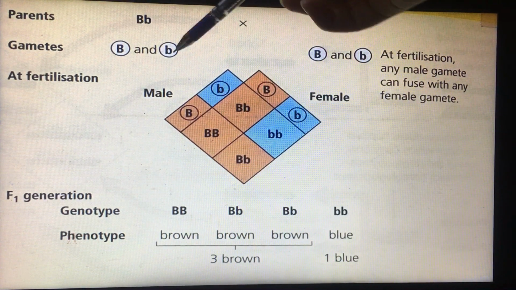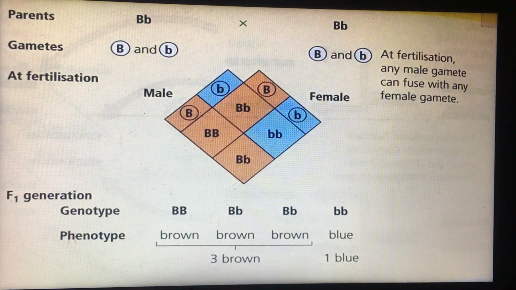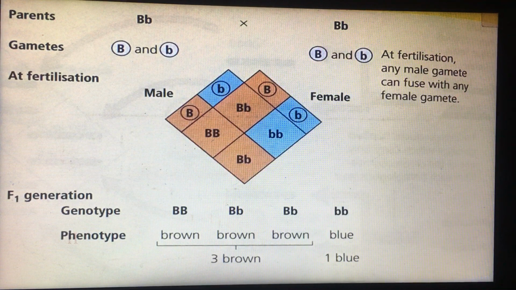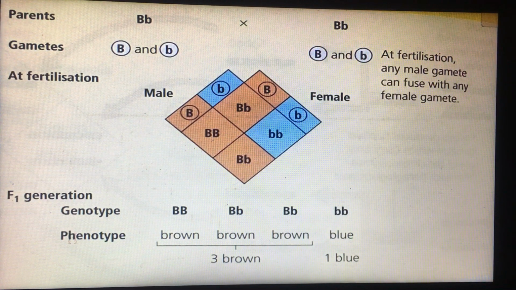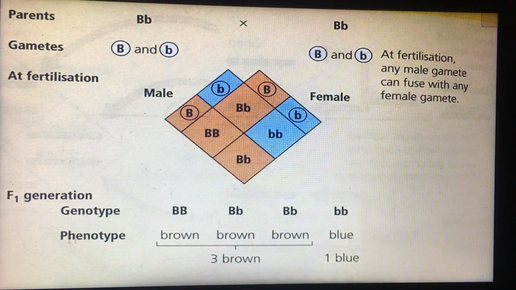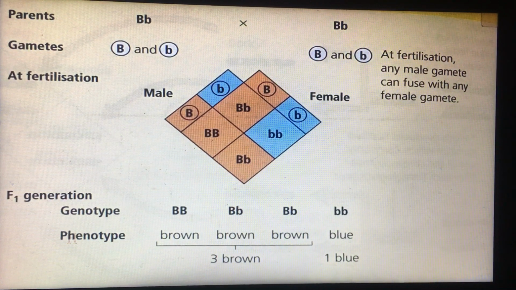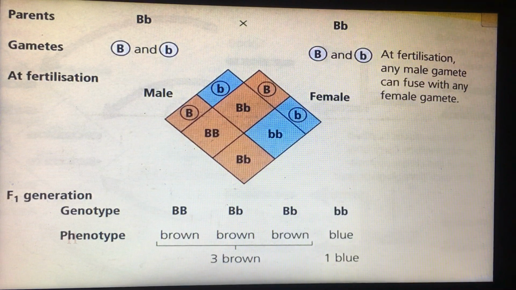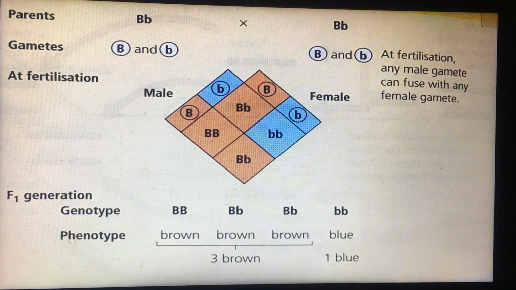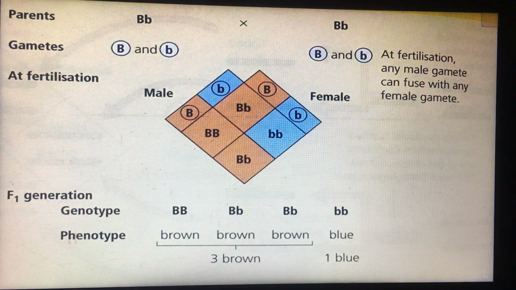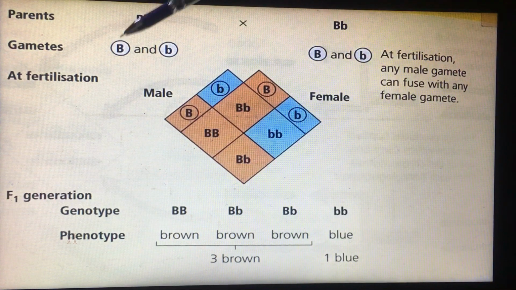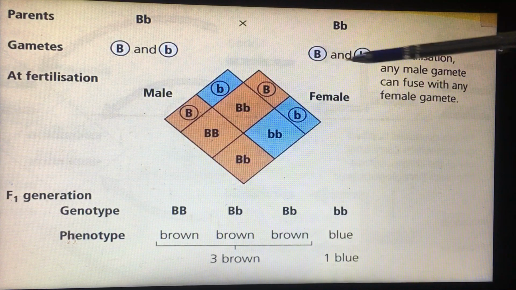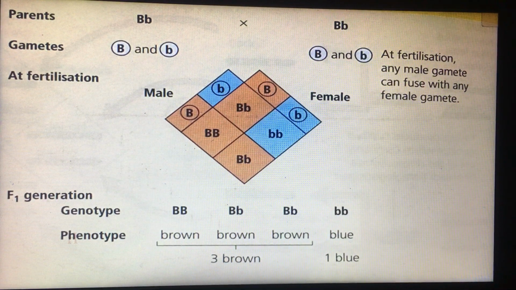They are different, for the father and the mother. So during fertilization, and as we know that fertilization is random, either of the male gametes can fuse with either of the female gametes. So the gametes from the male are B capital, B small, and from the female also B capital, B small.